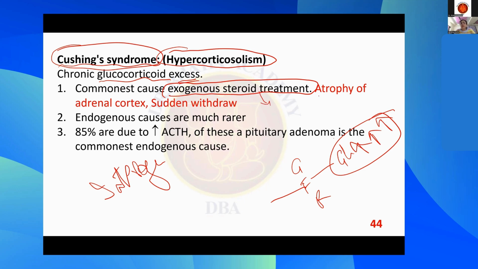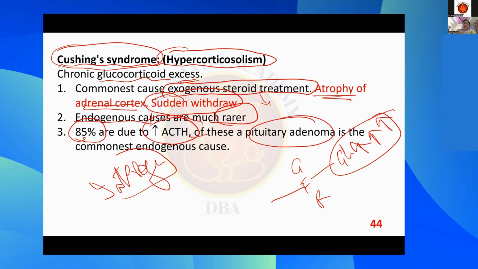Long-term steroids cause atrophy of the adrenal cortex, and that is why once a patient has been on long-term steroids, you cannot go for a sudden withdrawal. Endogenous causes are also present, though they are much rarer. If present, 85% are because of increased ACTH, coming from a pituitary adenoma.